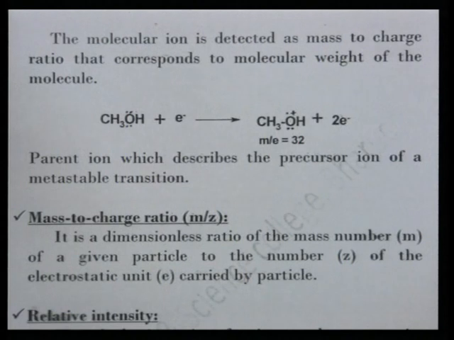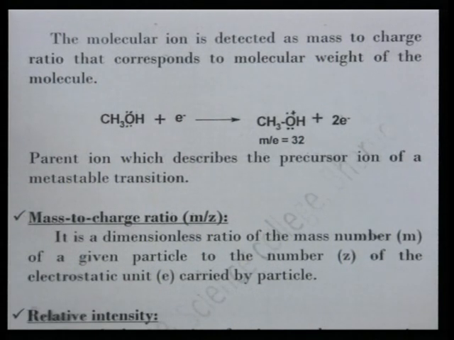Now, similarly, like methanol, other molecules are also there, ethylene, for example. Ethylene is bombarded with a heavy beam of electrons. The double bond in the ethylene molecule is written like this and one electron is removed, so it will form a radical cation like this.